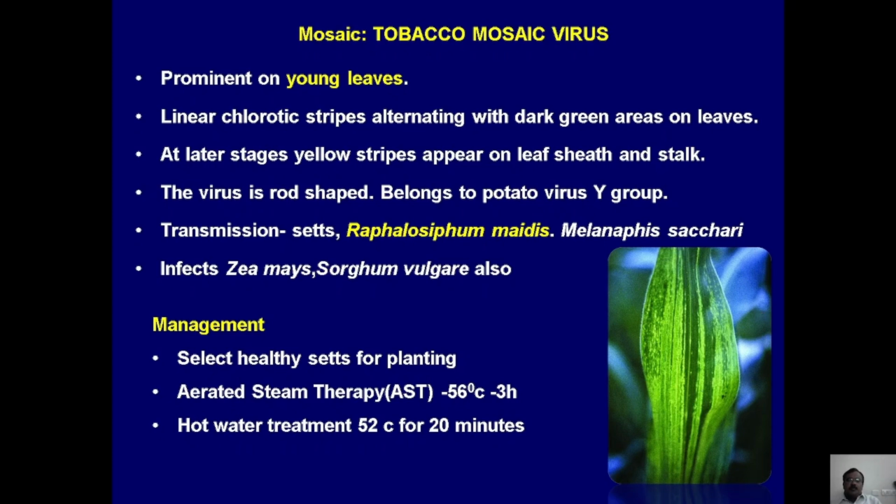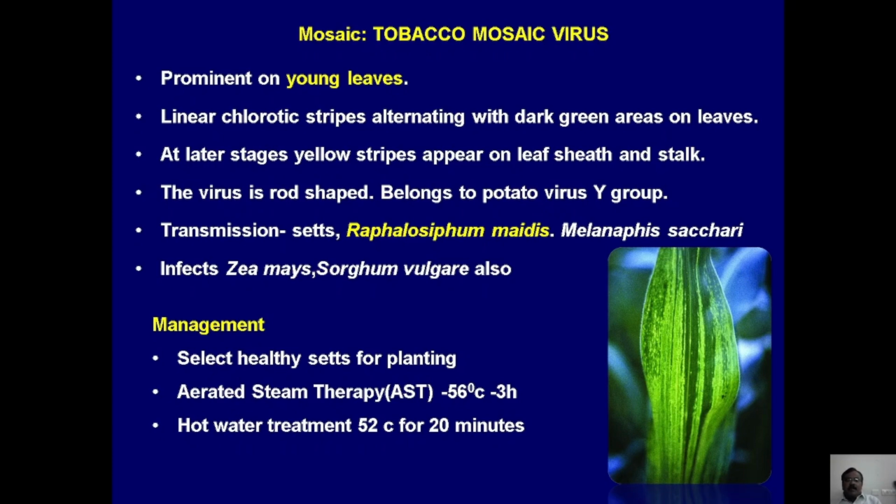The virus producing the disease is rod-shaped, belongs to the potyvirus group, and is transmitted through infected sets as well as through aphid vectors like Rhopalosiphum maidis, Melanaphis sacchari, Melanaphis indosacchari, etc. It also affects maize as well as sorghum plants.